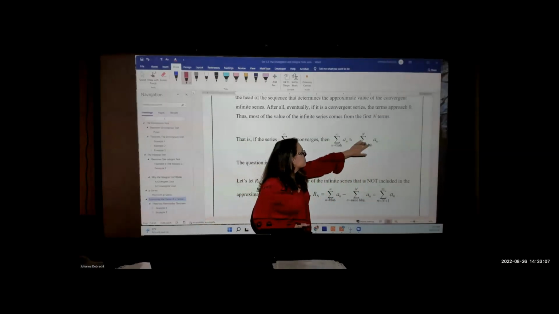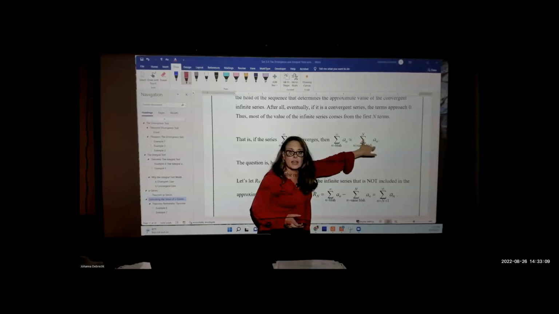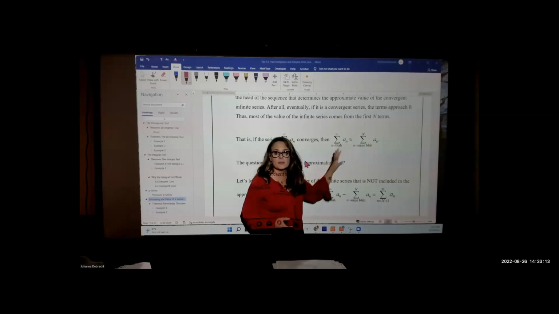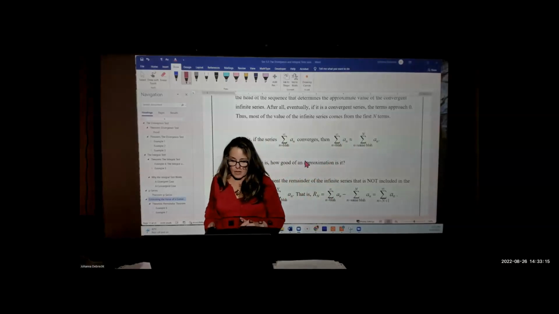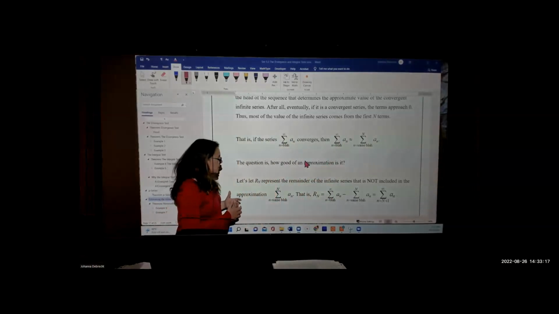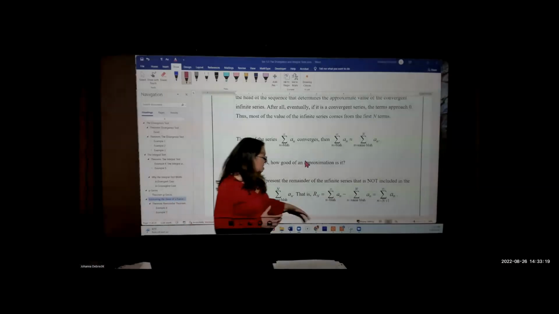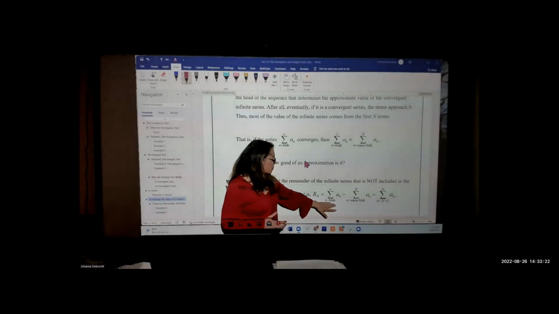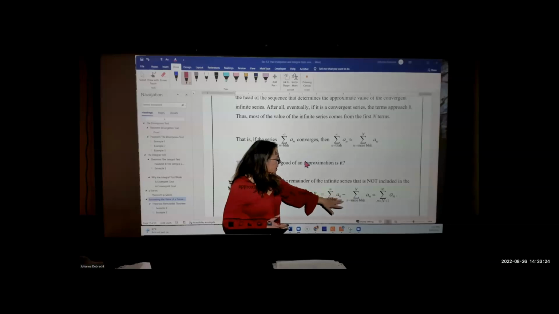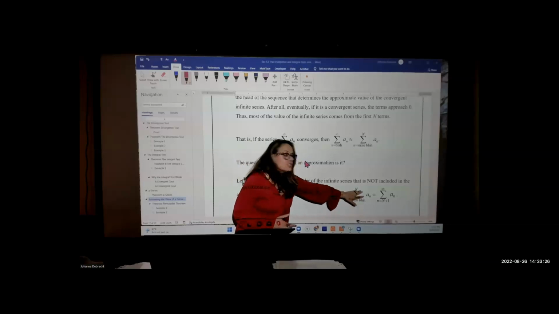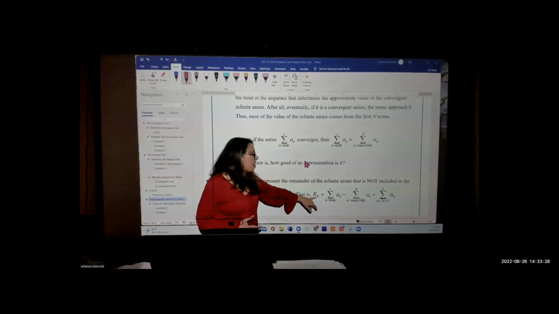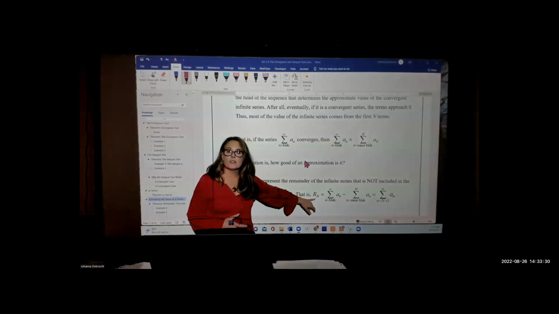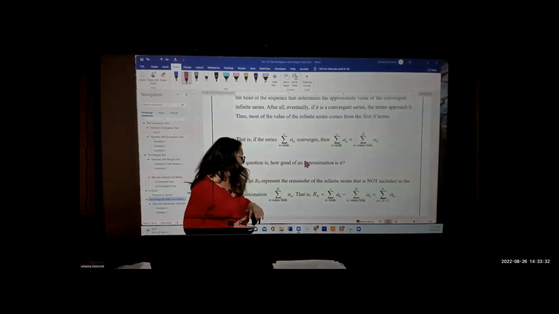So we're going to take the first uppercase N terms, and use their sum to approximate the infinite sum. We take the infinite series from wherever we started to infinity, and subtract the first N terms off, and that gives us the remainder, or the error involved.